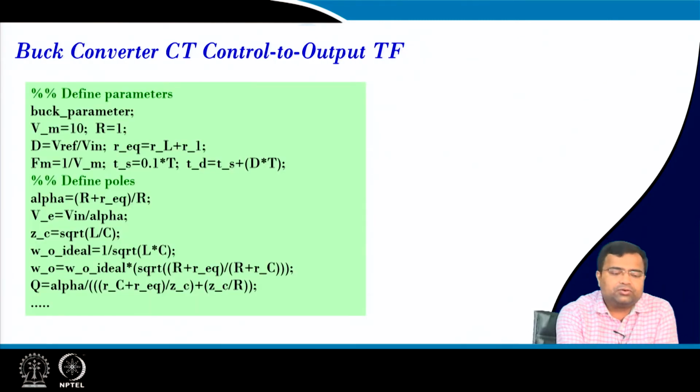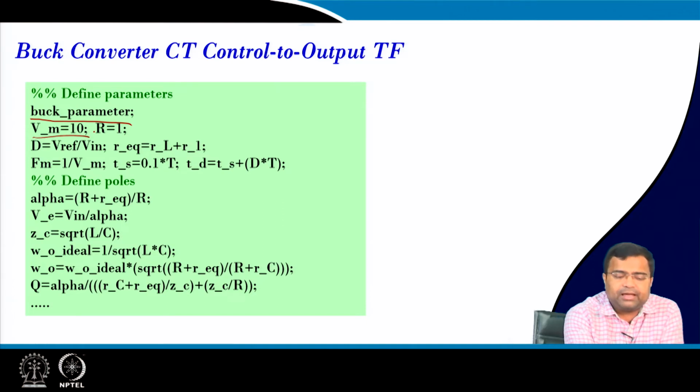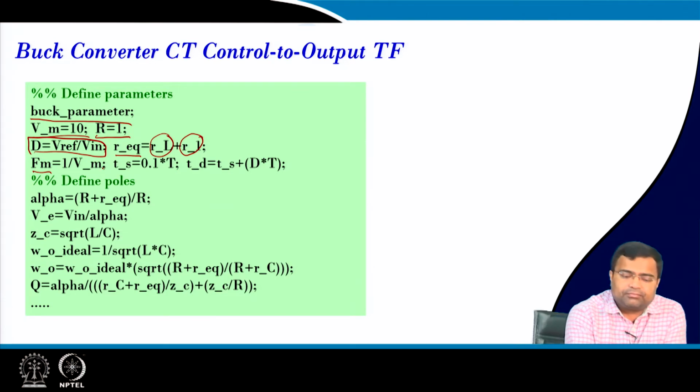So, first we will create a .m file, and we will again take the buck parameters, Vm, and we are keeping the load resistance to be 1. The duty ratio may not be needed, because if you are using closed loop control, the R equivalent is the DCR plus the on state resistance. This is the modulator gain 1 by Vm, and we can introduce a delay 0.1.